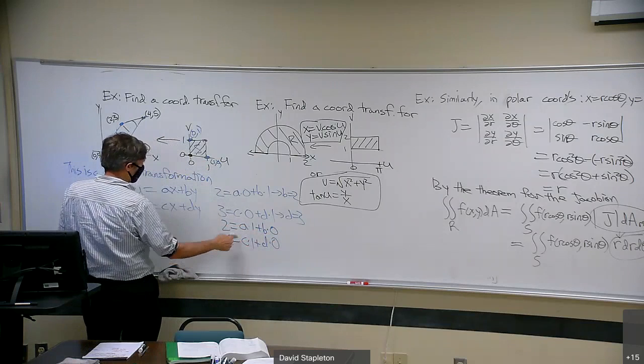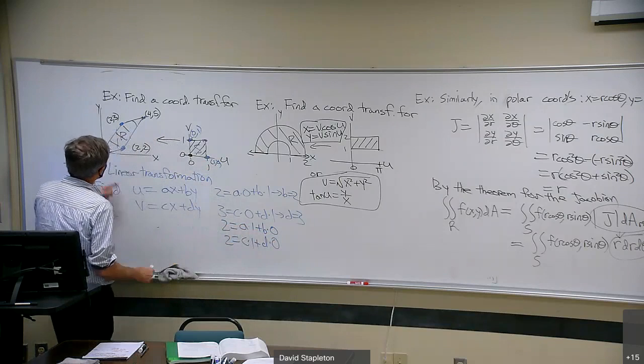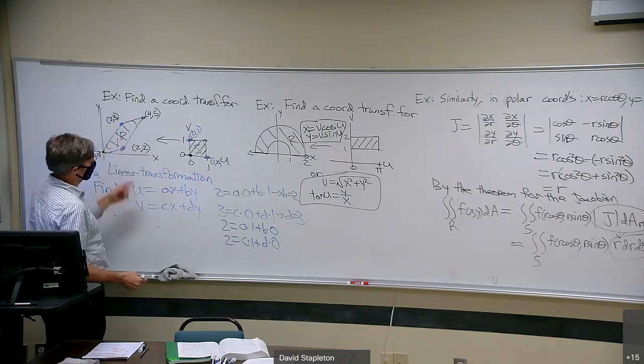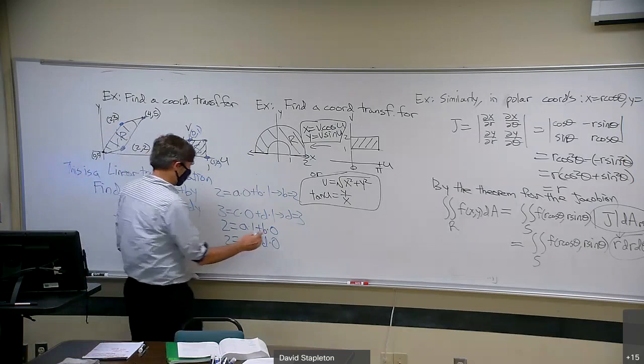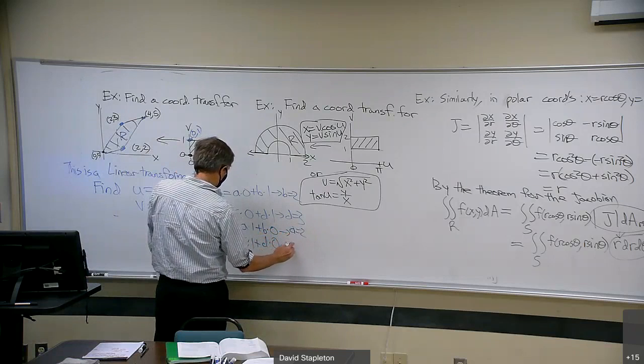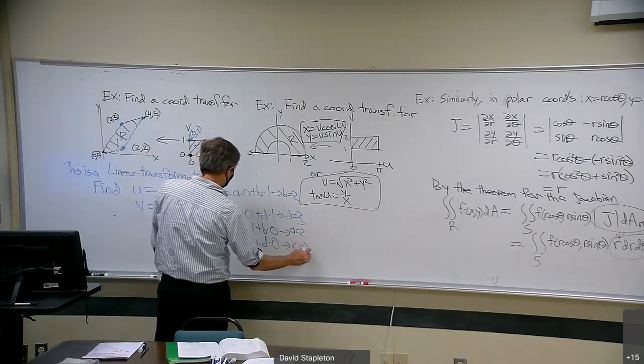Tells you that c is 2 and a is 2. Tells you that if you have a parallelogram at the origin, you immediately know a, b, c, d from these coordinates. So this one says a equals 2. And this one says c equals 2.